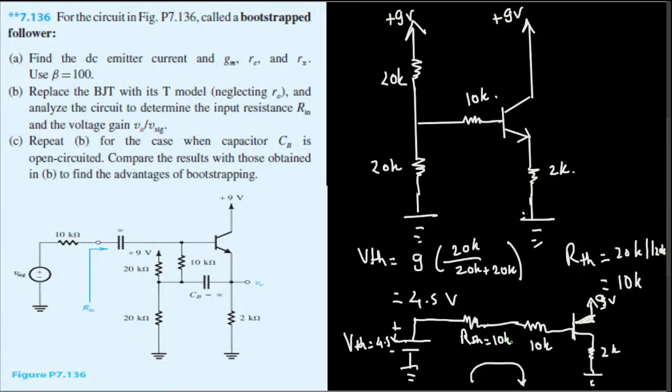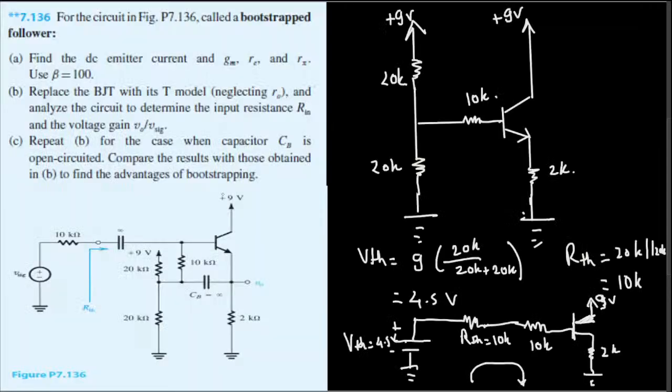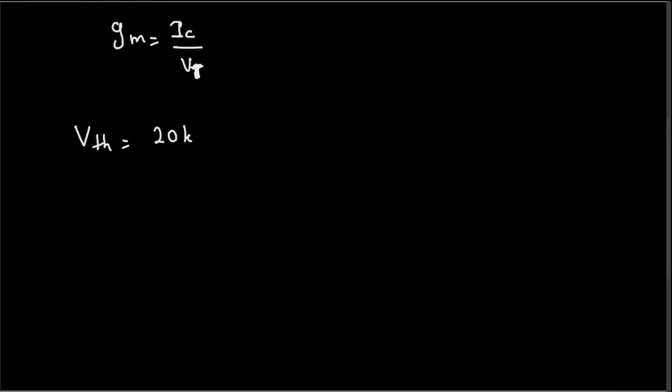Here the 10K forms 20K, because these two are in series. 20K times the current over there, that is IB, or if you want to express it in terms of IE, IE over 1 plus beta, because IB is equal to IE over 1 plus beta. So we can put this one as well.